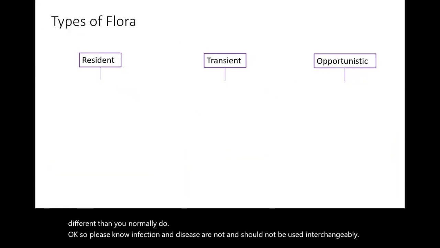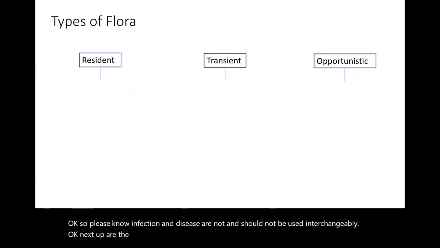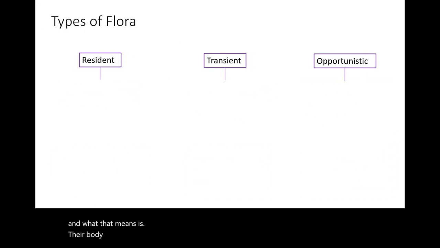Okay. Next up are the types of flora. So remember, when a baby is born, okay, the body is axenic. And what that means is the body is essentially a sterile environment, okay, because the environment within the uterus is sterile.